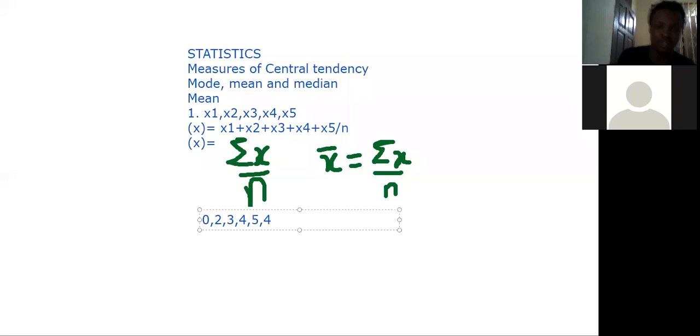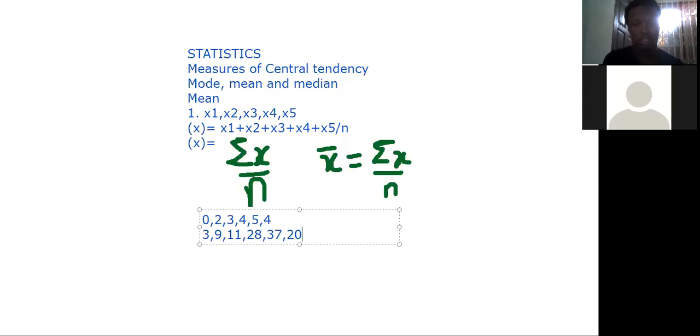Find the mean of this. When you finish, you find this one: 3, 9, 11, 2, 9, 28, 37, 20. And when you finish, do this for me.